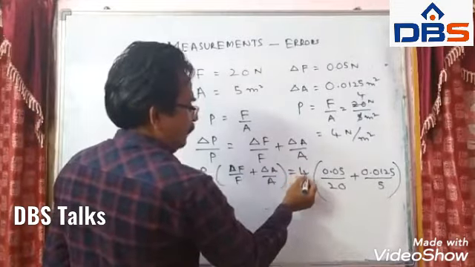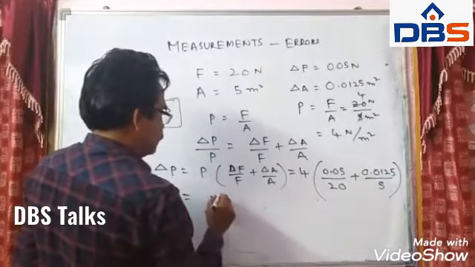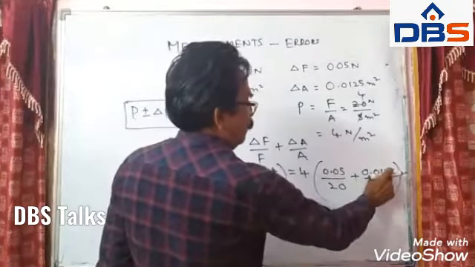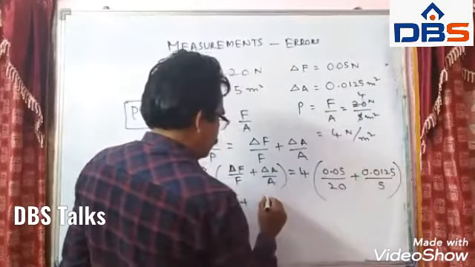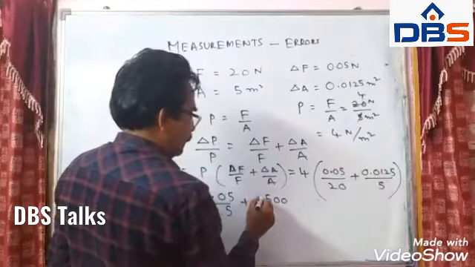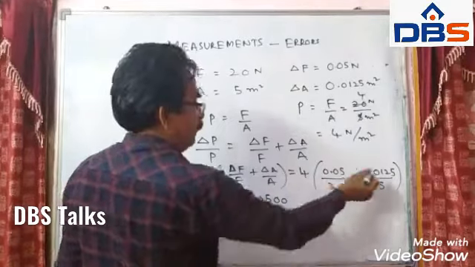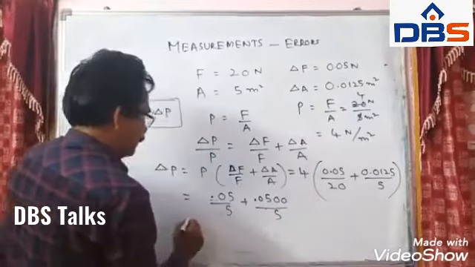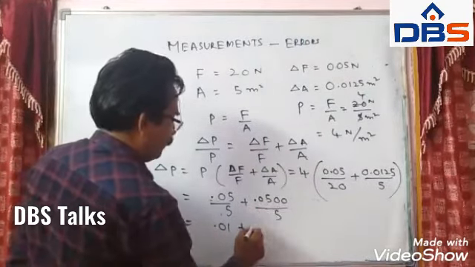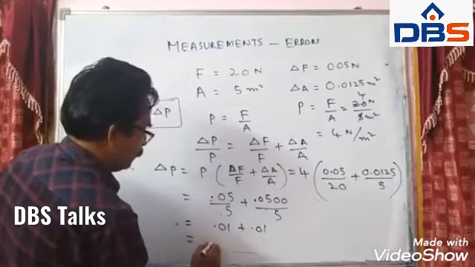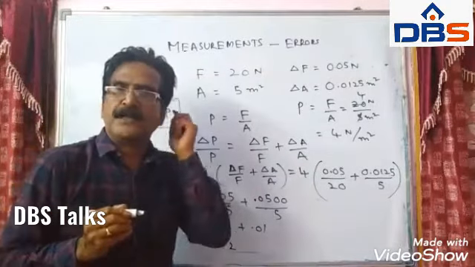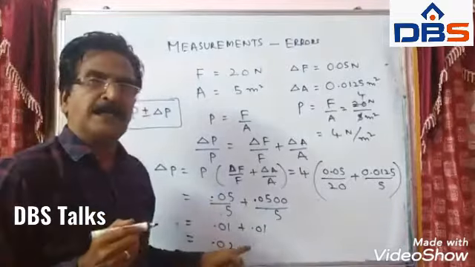So let us multiply with 4. 4 into 5 is 20, so 0.05 by 5 plus 4 into 0.0125 is 0.05, by 5. So 0.01 plus 0.01 is equal to 0.02. So the absolute error in pressure is 0.02.